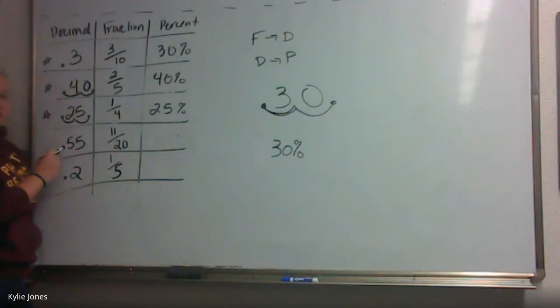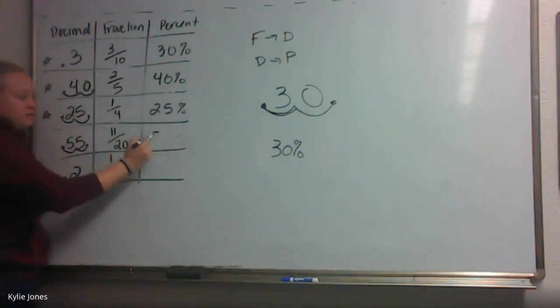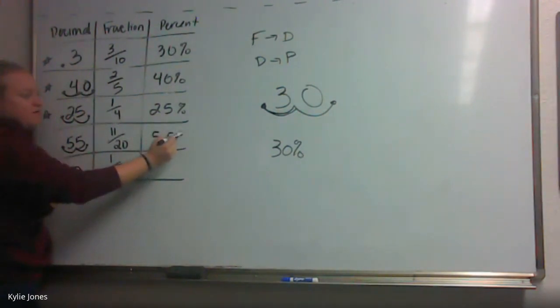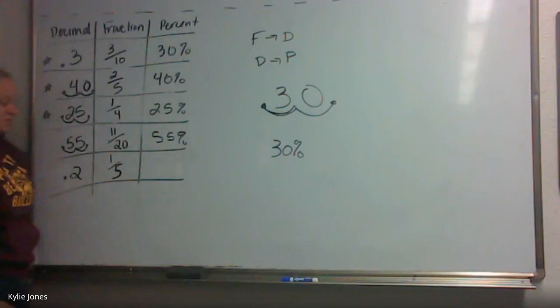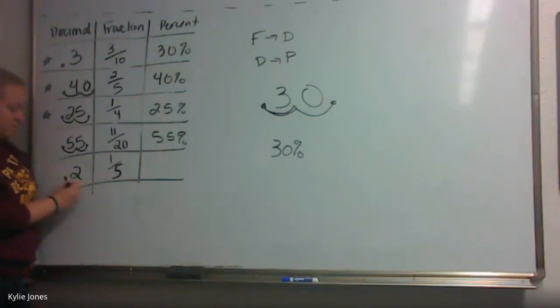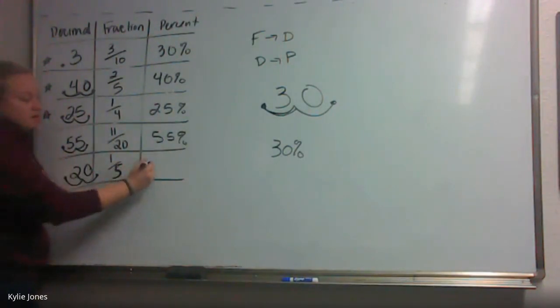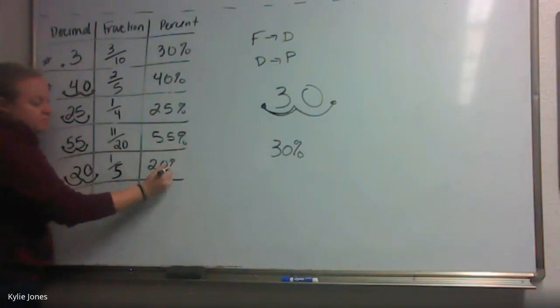You're going to move it twice to the right, 1, 2, and get 55%. What's our last one going to be? 0.2. Move it 1, 2 times, but you have to fill that place value with a 0 that you skipped. And you get 20%.